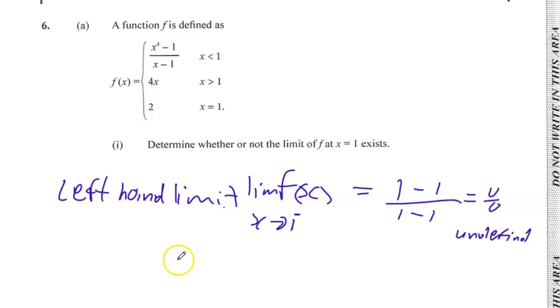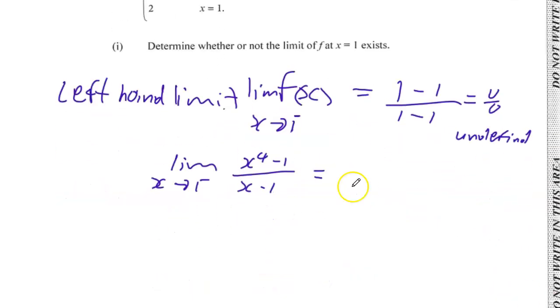So let me just rewrite the function. Limit as x approaches 1 of x to the power of 4 minus 1 upon x minus 1. When it's undefined, we can always factorize. So if we factorize, we'll end up with x minus 1 upon x minus 1.